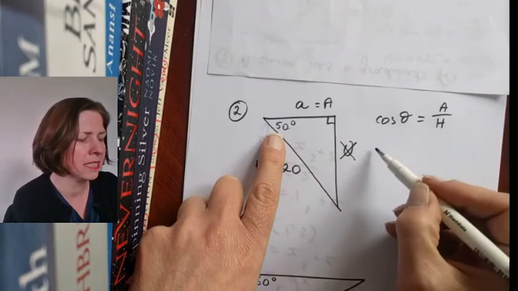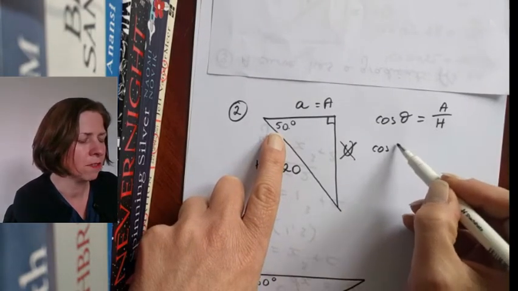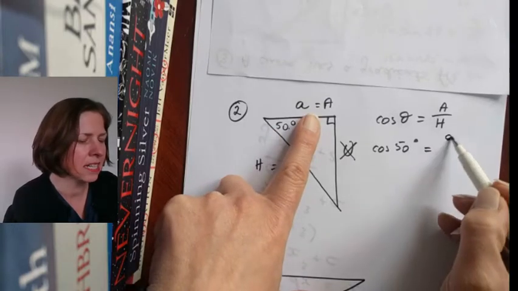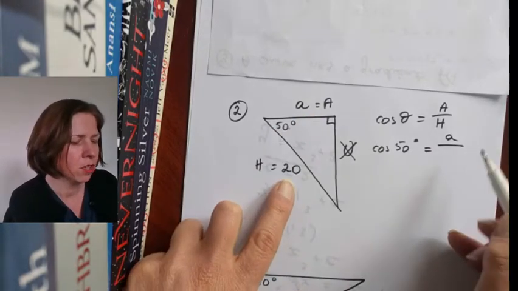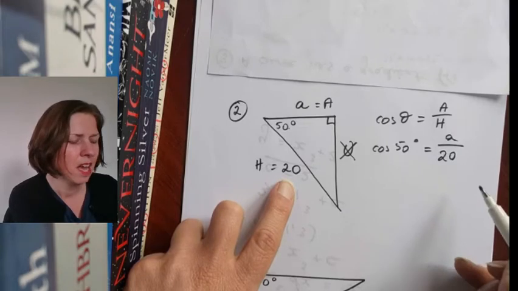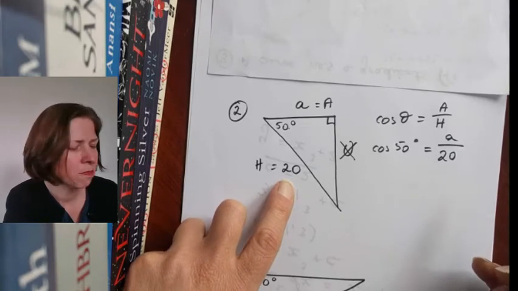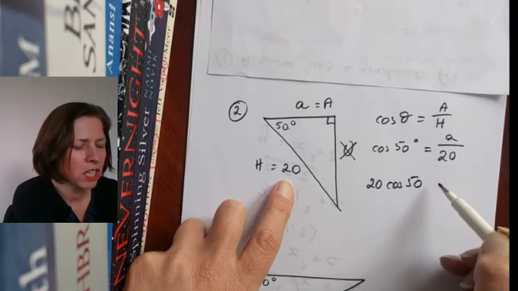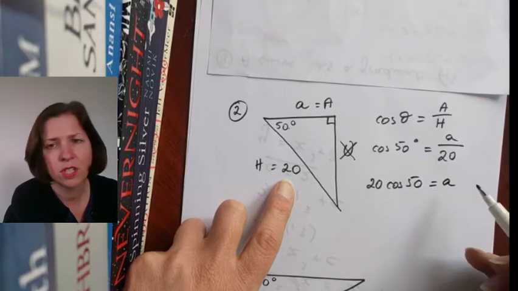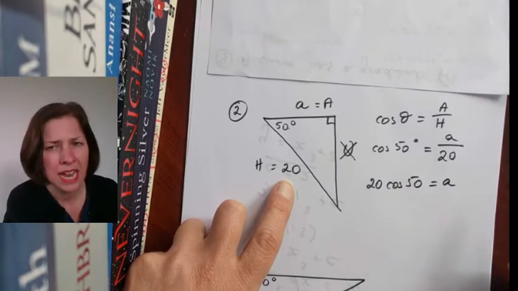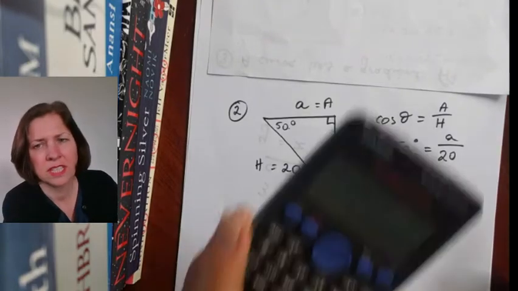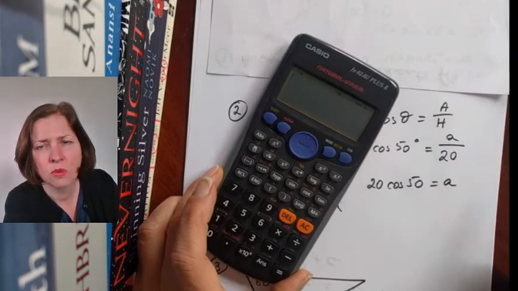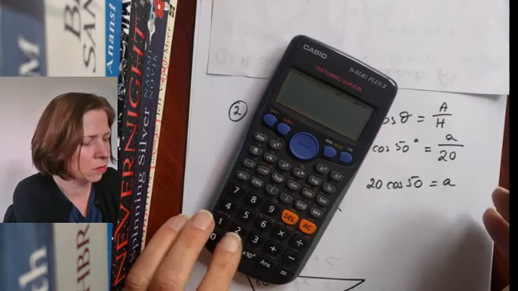So then I replace the angle with the 50 degrees. Equals, adjacent is A, that's what I don't know, and the hypotenuse is 20. I multiply both sides of my equation by 20 to get 20 cos 50, which is just shorthand for 20 times cos 50, equals A. Grab my trusty calculator, clear the last answer, and do it again. 20 cos 50 equals A.